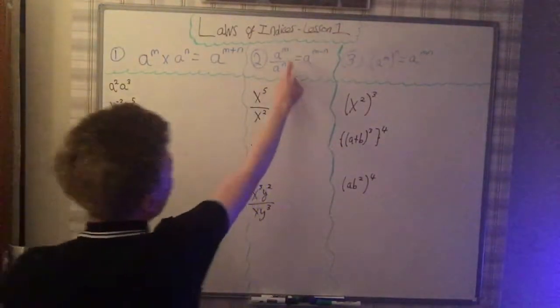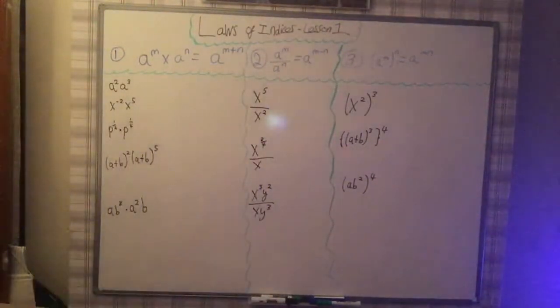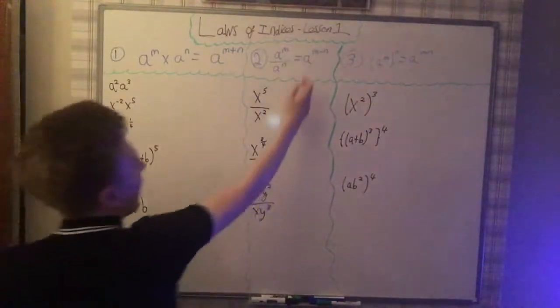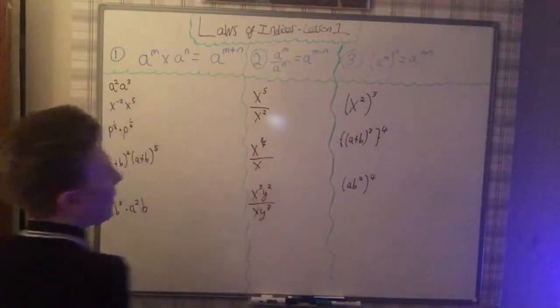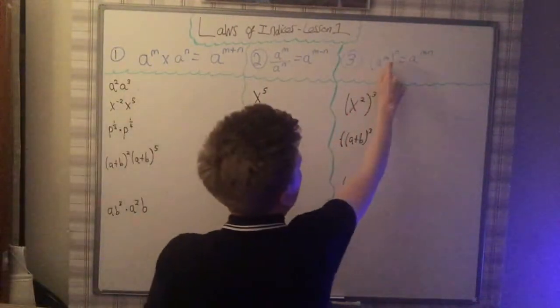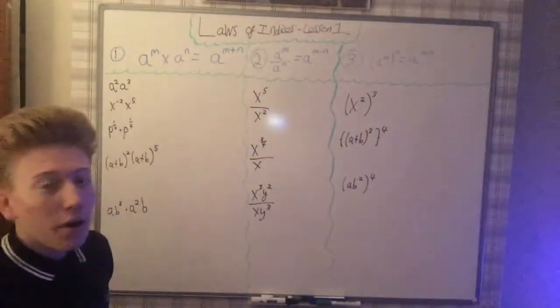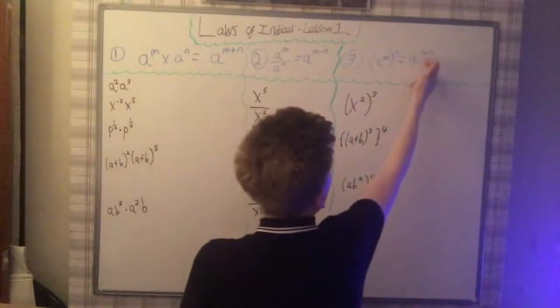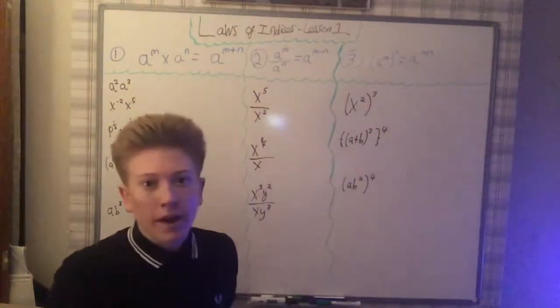The second one, a to the power of m divided by a to the power n is equal to a to the power of m minus n. And finally, the last one, a to the power of m all to the power of n is equal to a to the power of m multiplied by n.